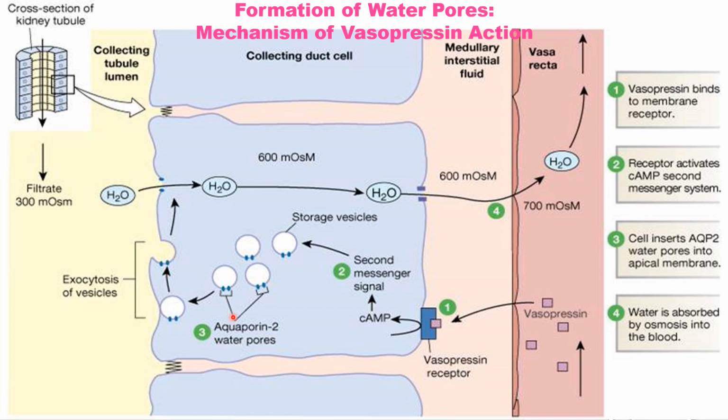Aquaporin water pores go into the apical membrane. So this water channel helps to absorb water by the process of osmosis.